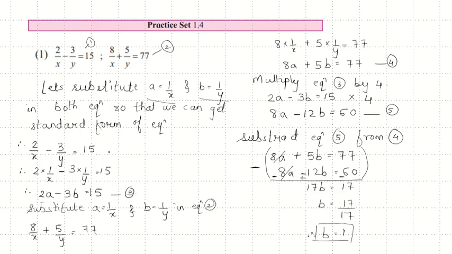Now we got b, we need to find the value of a. So we will substitute b is equal to 1 in equation 3. What is equation 3? 2a minus 3b is equal to 15.